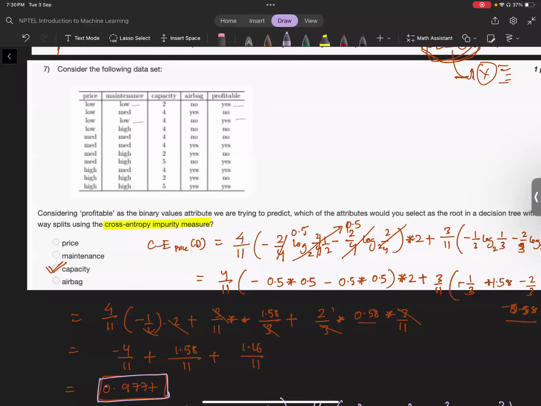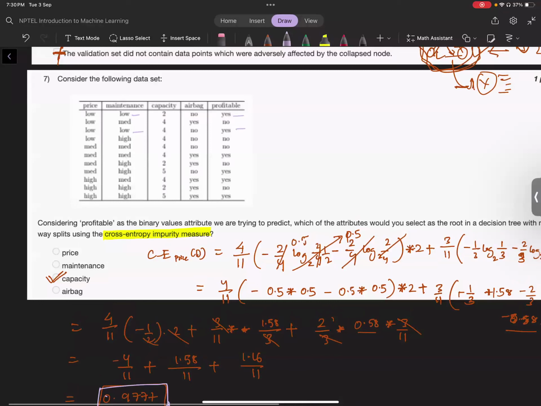So low and medium are on one side and high is on the other side.